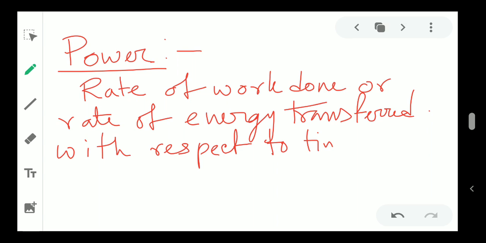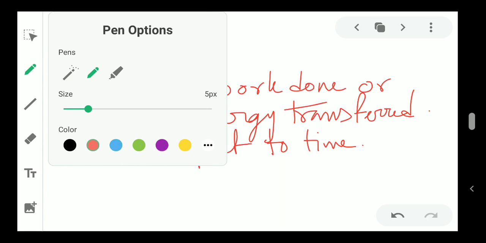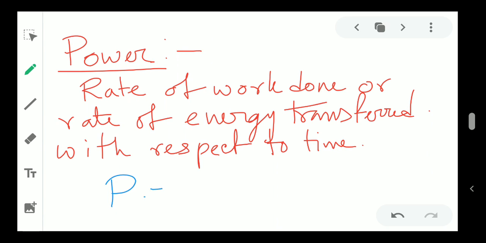Why with respect to time? Because the rate we are talking about is with respect to time. So we can write that power is nothing but the rate of change of work done. So in unit time, how much work is done, that is our power.